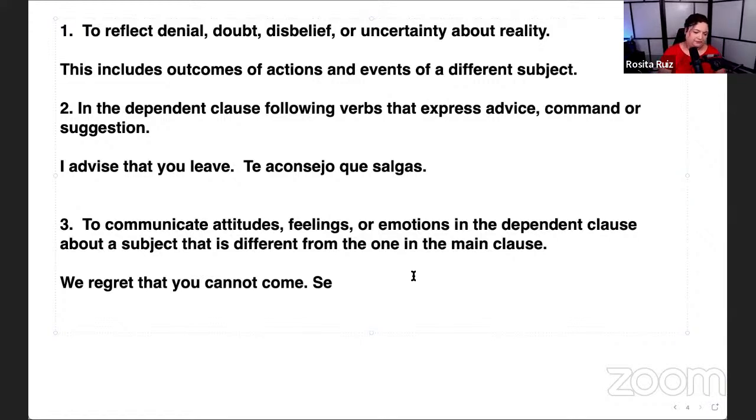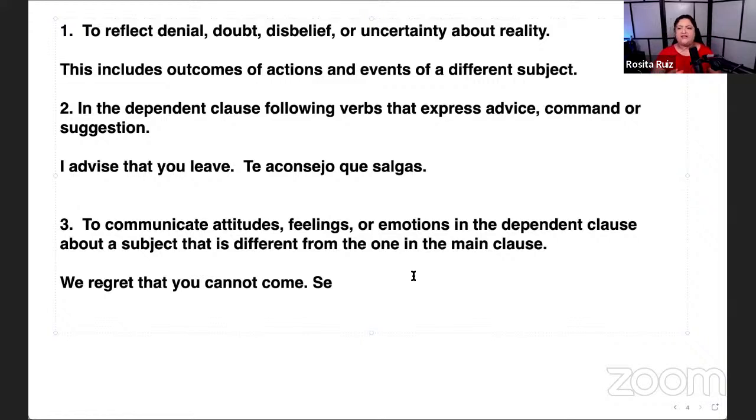So "qué lástima" is like, oh dude, that sucks. But we're not expressing our emotion. We're talking about the problem. So in most cases we're going to use the present indicative. I thought "qué lástima" was expressing a feeling, one of those three, an attitude, a feeling, or an emotion, or maybe "qué pena," something like that, because I've been trying to use those. In those cases we predominantly use the present indicative, because we're missing a subject.